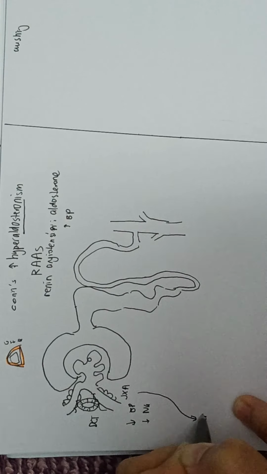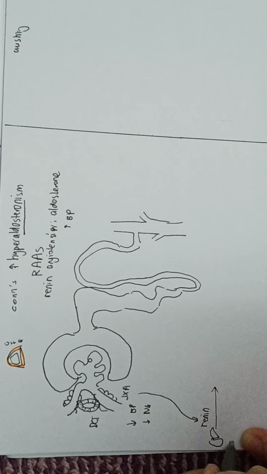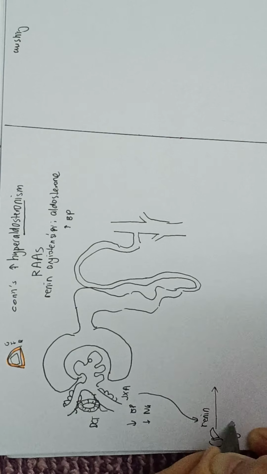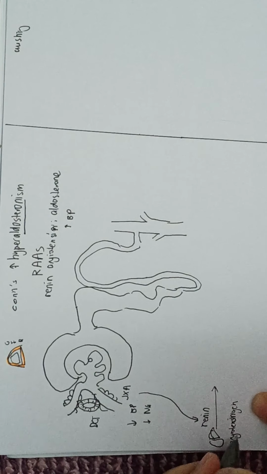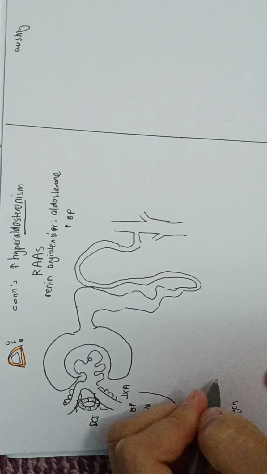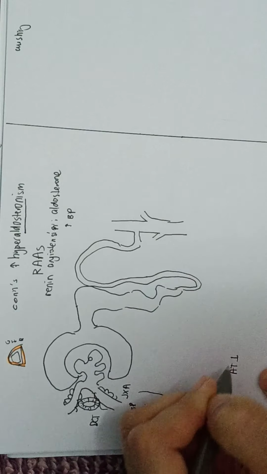Renin will stimulate the angiotensinogen from the liver, causing the angiotensinogen to convert into angiotensin 1.